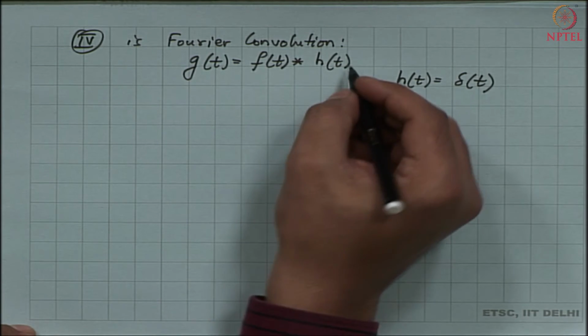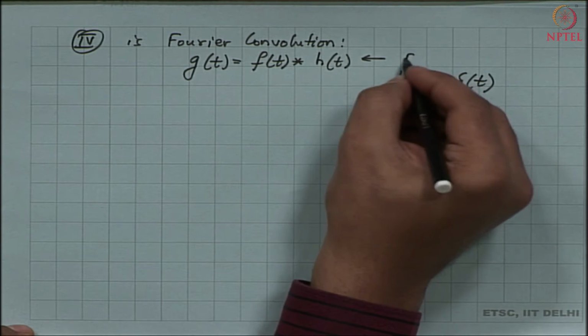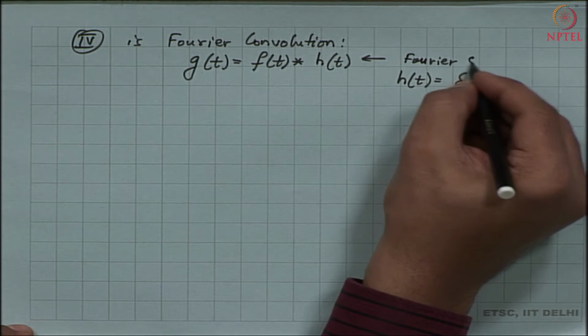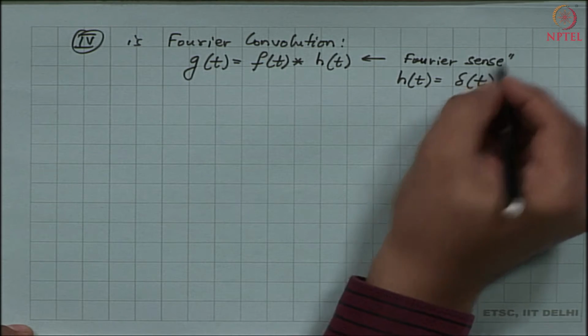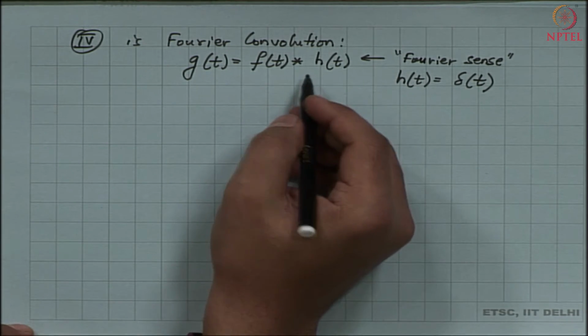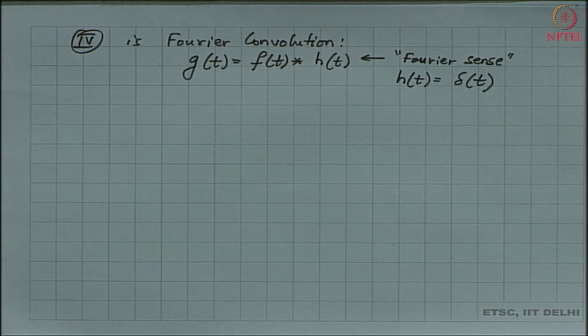And this convolution is in the Fourier sense. Okay. So far we have described convolution in many different ways related to each of the transforms. So, this is in the Fourier sense.